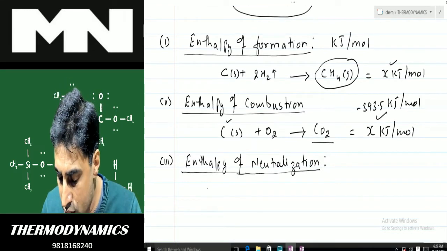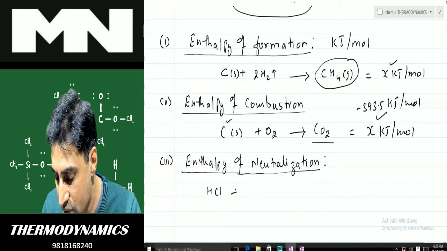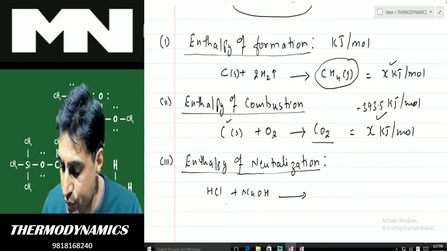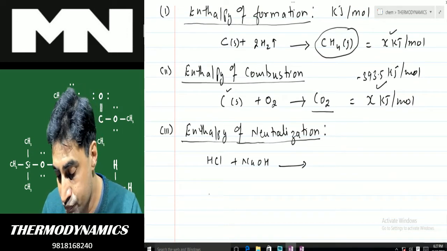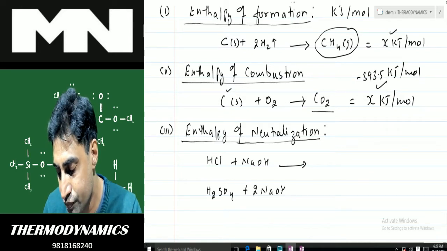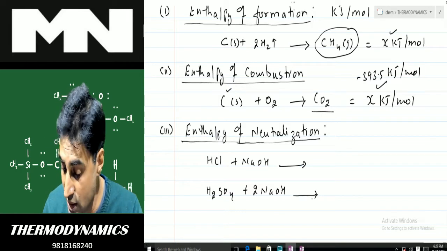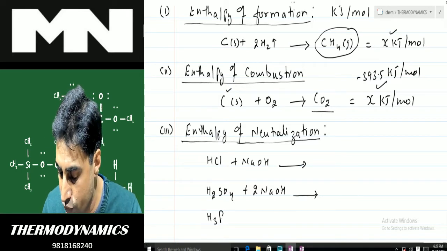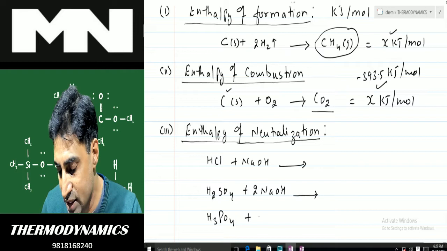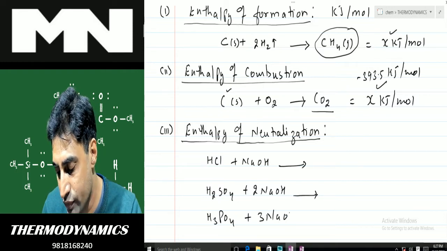Suppose you have 1 mole of HCl that is neutralized by 1 mole of a base. Likewise, 1 mole of H2SO4 is neutralized by 2 moles of NaOH. Likewise, H3PO4 is neutralized by 3 moles of NaOH.